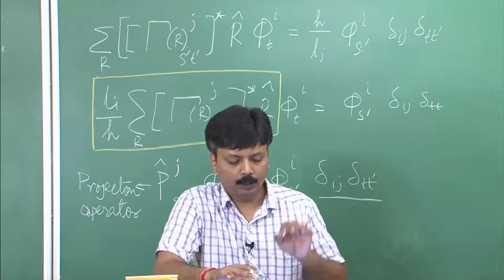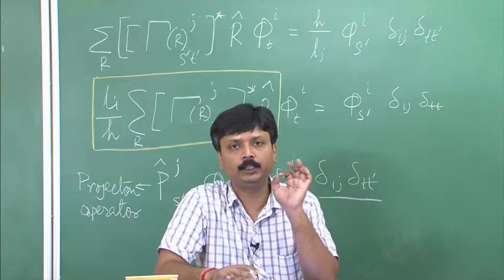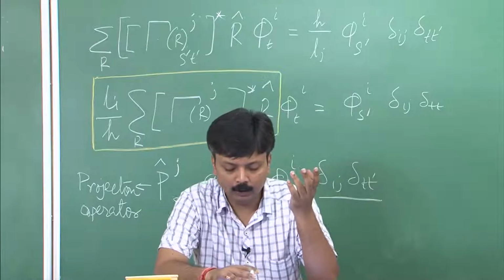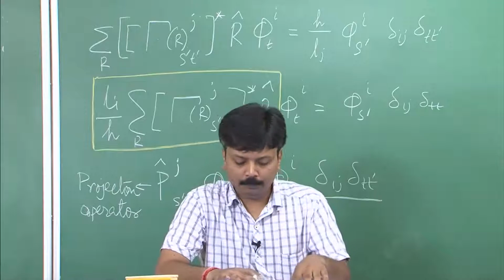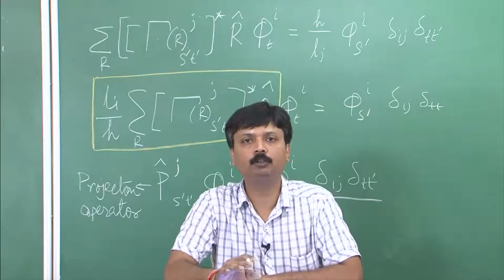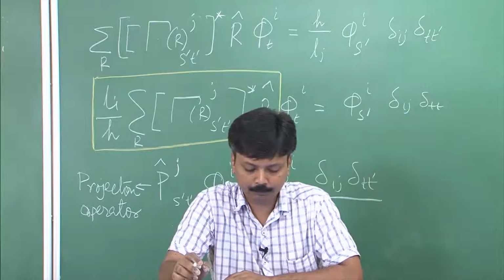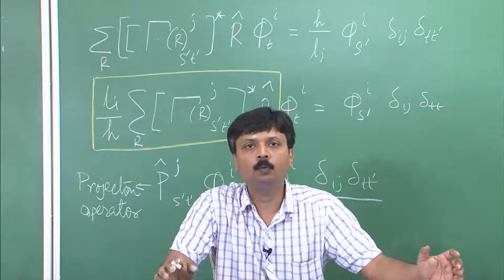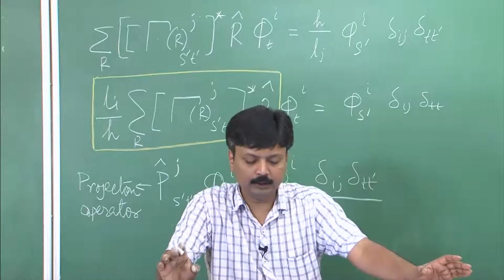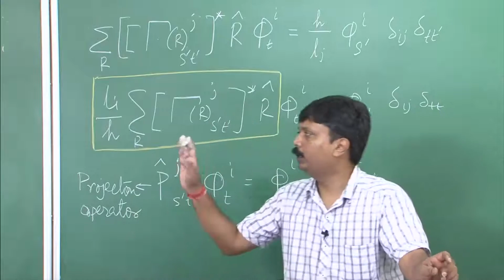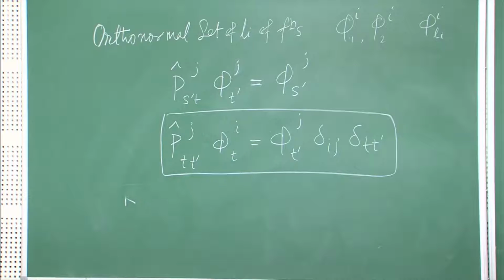So by using Lj such projection operators based on diagonal matrix elements, we may generate from some arbitrary function phi t a set of functions which will form the basis of the jth irreducible representation. Okay. So this is what we have as a projection operator.